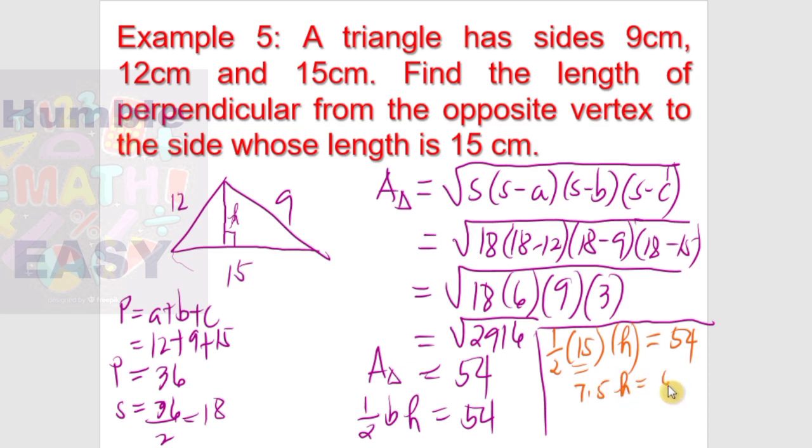H is equal to 54. Divide both sides by 7.5. So we come up with 54 divided by 7.5.